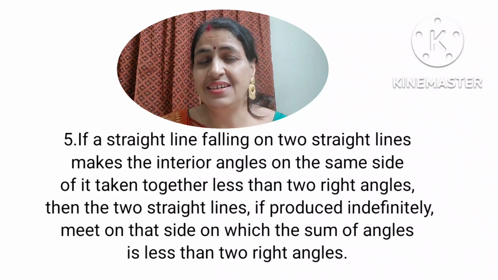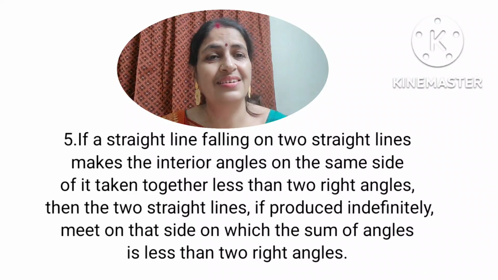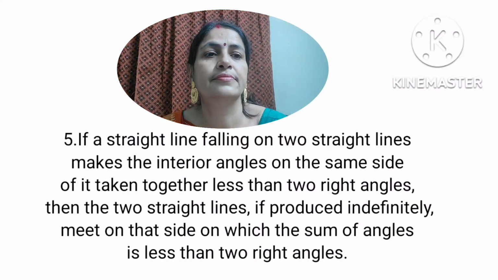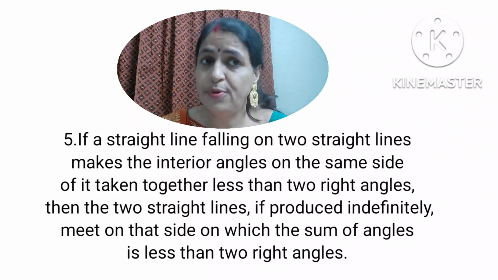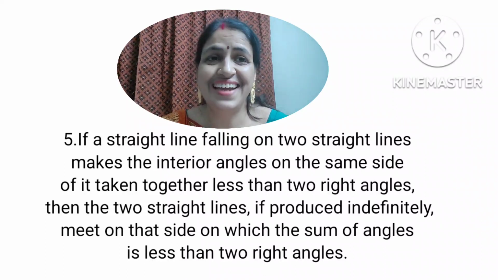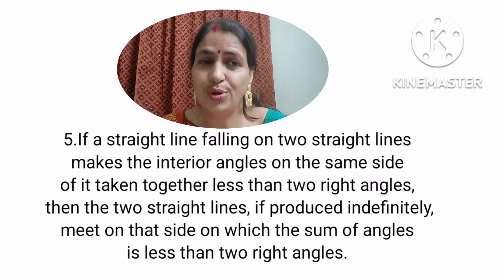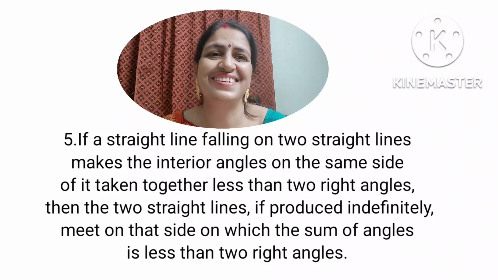If the interior angles are less than 180, then the two straight lines, if produced indefinitely, meet on that side on which the sum of angles is less than two right angles.